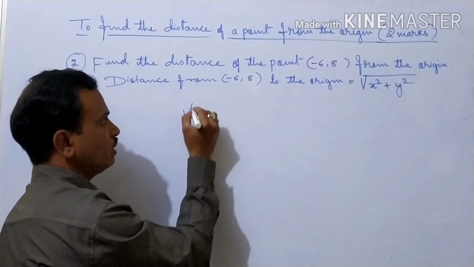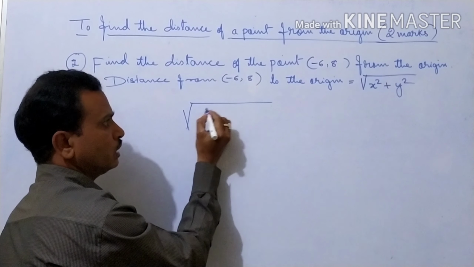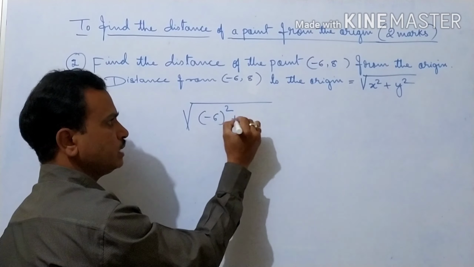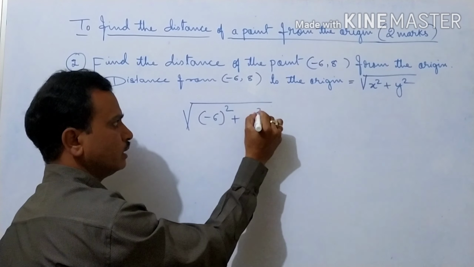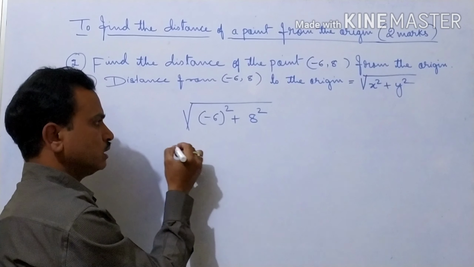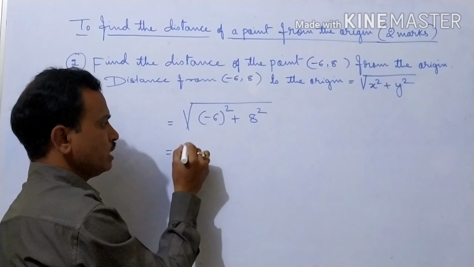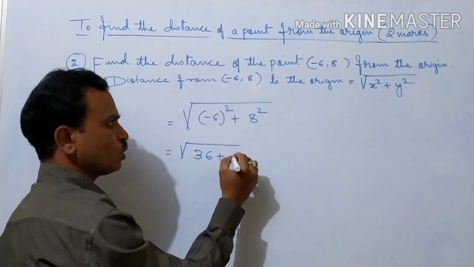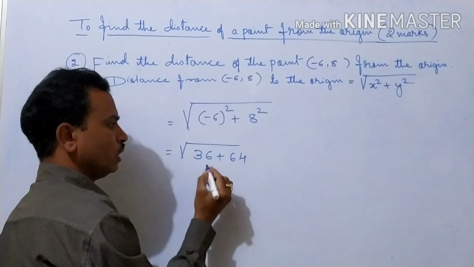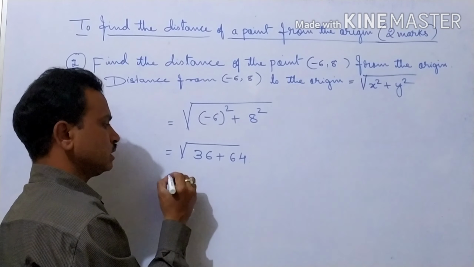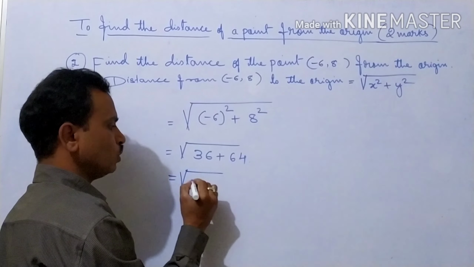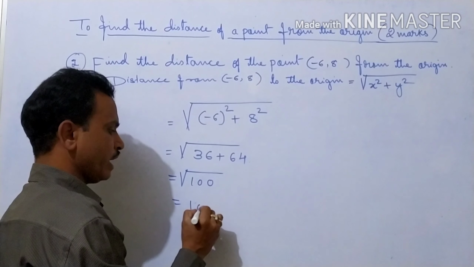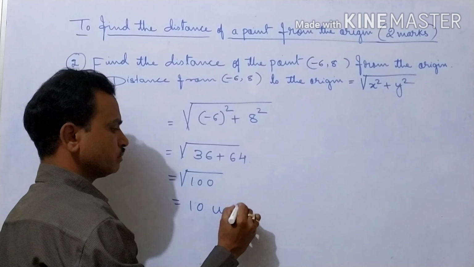Square root of (-6) whole square plus 8 square. (-6) whole square is 36, plus 8 square is 64. Add these two: 36 plus 64 is equal to 100. Then the square root of 100 is equal to 10. So 10 units.